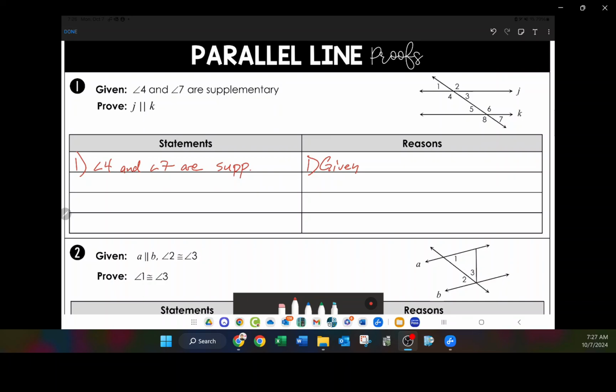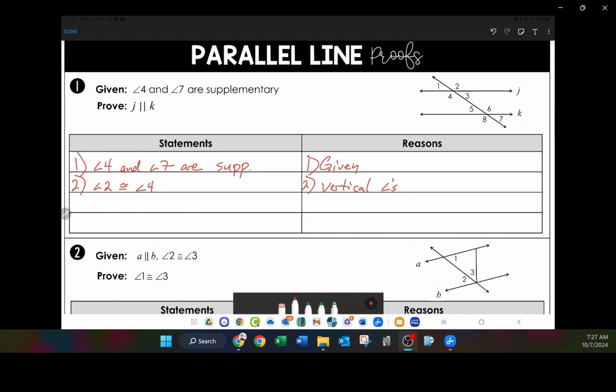Why is 2 automatically, just based on the diagram, congruent to 4? Because they are vertical angles. Anytime you're given a diagram of two lines intersecting, you have vertical angles that are congruent every single time. So we can say, number 2, angle 2 is congruent to angle 4 because they are vertical angles.